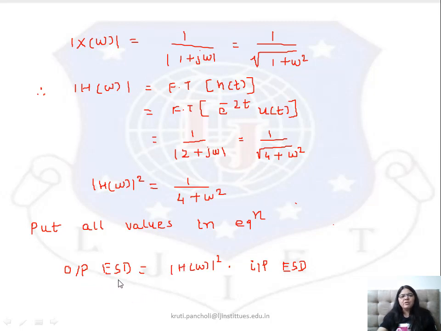Therefore, the output energy spectral density is equal to modulus of H(omega) squared into the input ESD.